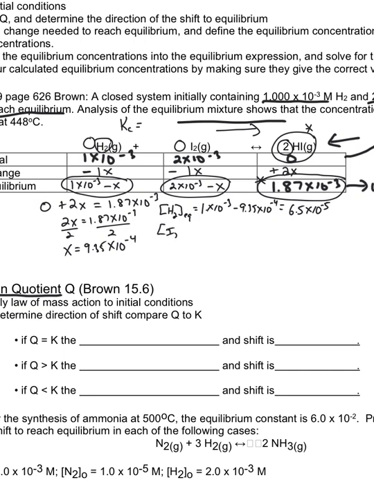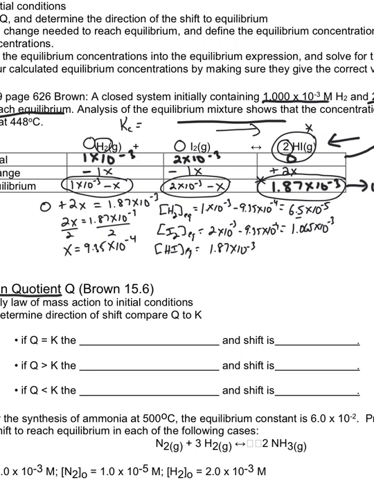And the concentration of I2 at equilibrium will be 2 times 10 to the negative third minus 9.35 times 10 to the negative fourth. And we get 1.065 times 10 to the negative third. And the concentration of HI at equilibrium was already given to us, 1.87 times 10 to the negative third.